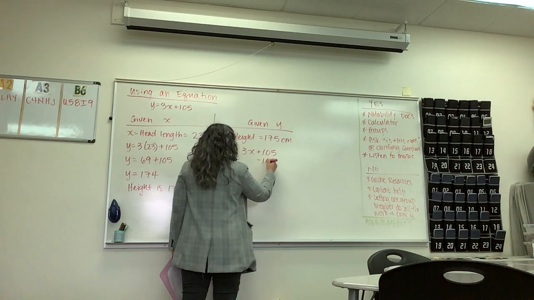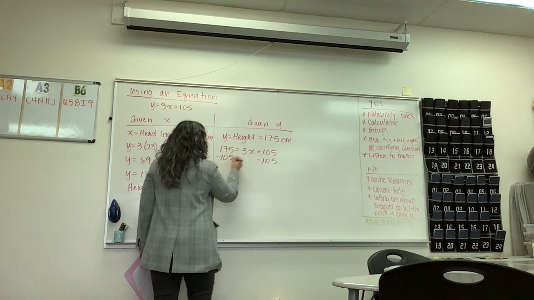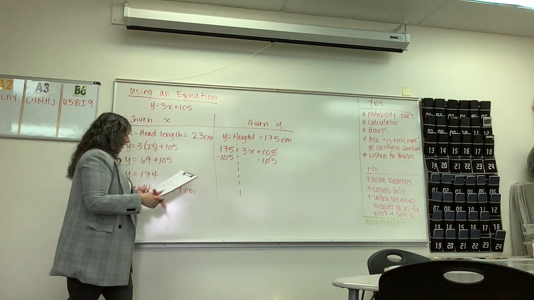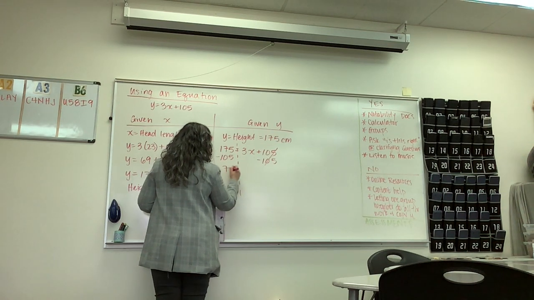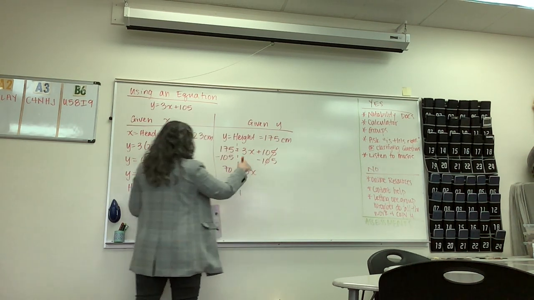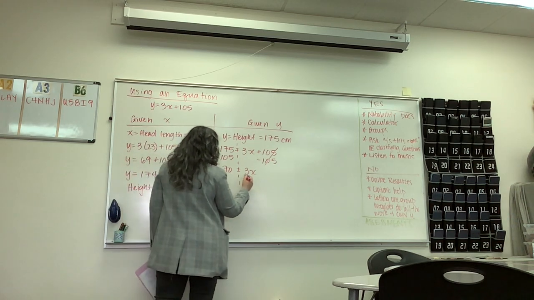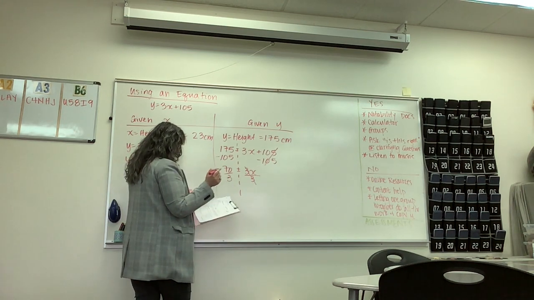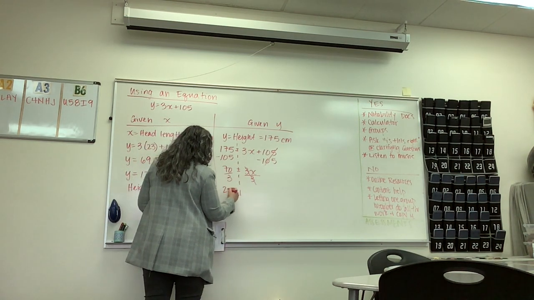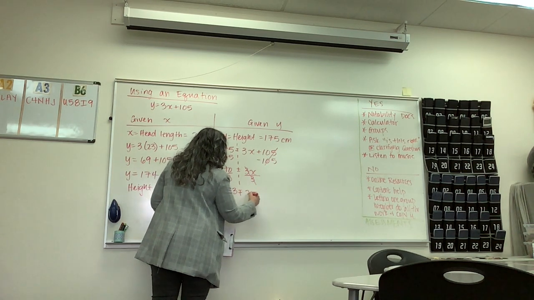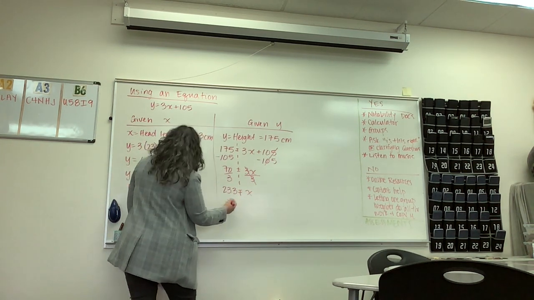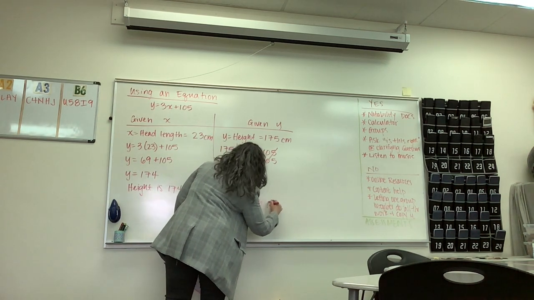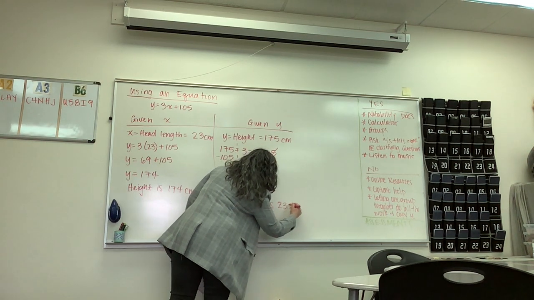I'm going to start with subtracting 105. 175 minus 105 gives me 70. The only thing left on that side is 3x. My last step is to divide both sides by 3. 70 divided by 3 is 23.3. So what that means in context is the head length is 23.3.